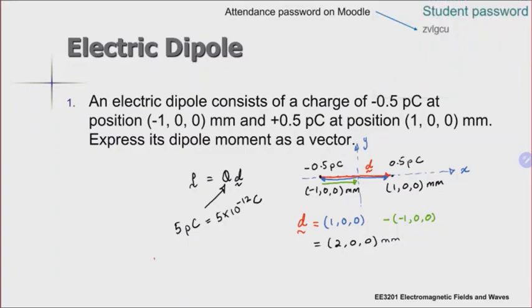So the dipole moment p will be equal to 5 times 10 to the minus 12 times 2, 0, 0 times 10 to the minus 3.